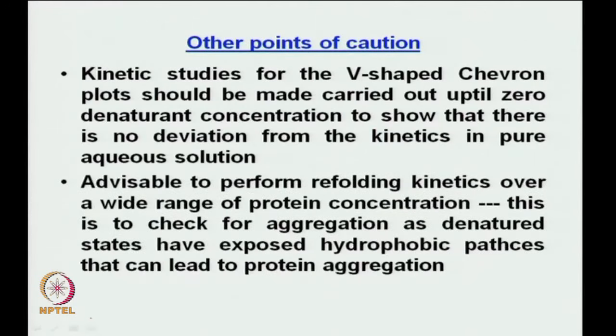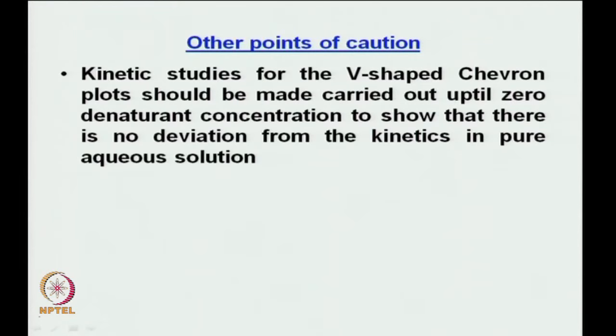And just other points of caution before I end. Kinetic studies for the V shaped chevron plot should be carried out up till 0 denaturant concentration to show that there is no deviation from the kinetics in the pure aqueous solution.